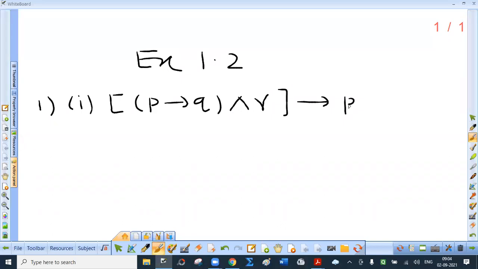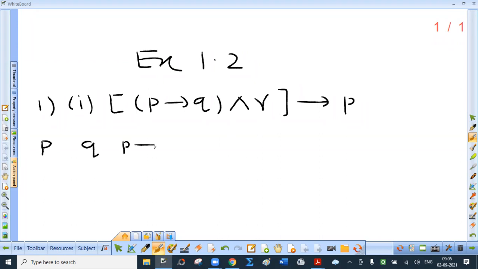And how many different columns will be there? Are we supposed to find not P, not Q? No. So 2 plus 3, that is in all 5 columns. So let me explain first. First is P, second is Q, right?